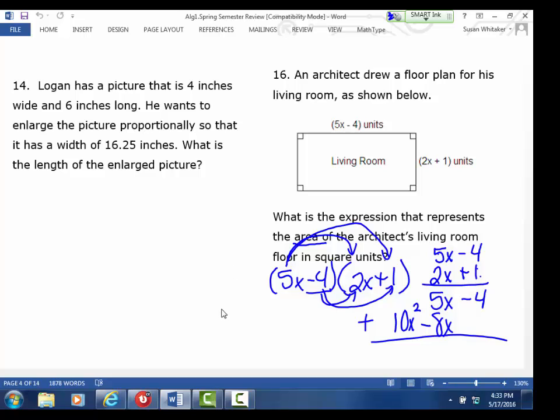Okay, and then some of you also like to use the boxes, the lattice, to put your things together, and you put 5x minus 4, and then you did 2x plus 1, and as you multiplied, you got the same things we did on the other.